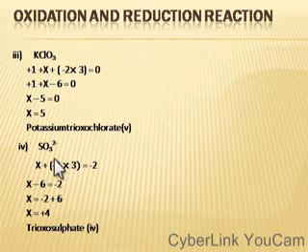The next one there is the sulfur that is underlined. So we have X there, which is the unknown, which is sulfur, plus minus 2. Oxygen is minus 2, but we have 3 oxygen there.